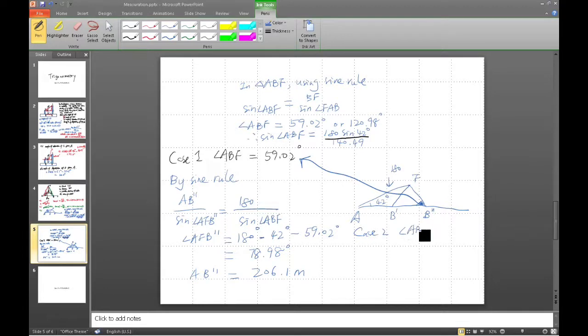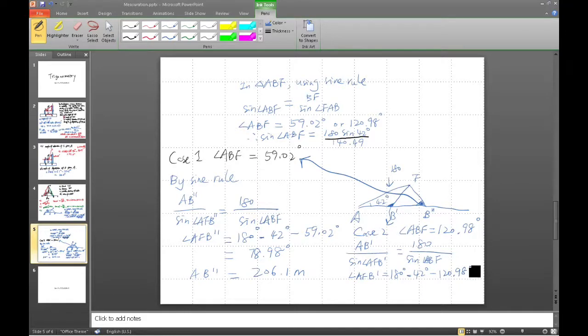So now let's take a look at case 2. So case 2 is when our angle ABF equals to 120.98 degrees, and this refers to angle AB prime F. Using sine rule again, AB prime over sine angle AFB prime equals to 180, which is our AF, over sine angle ABF, which is AB prime F. And once again, we need to find angle AFB prime, which is 180 minus 42 minus 120.98.